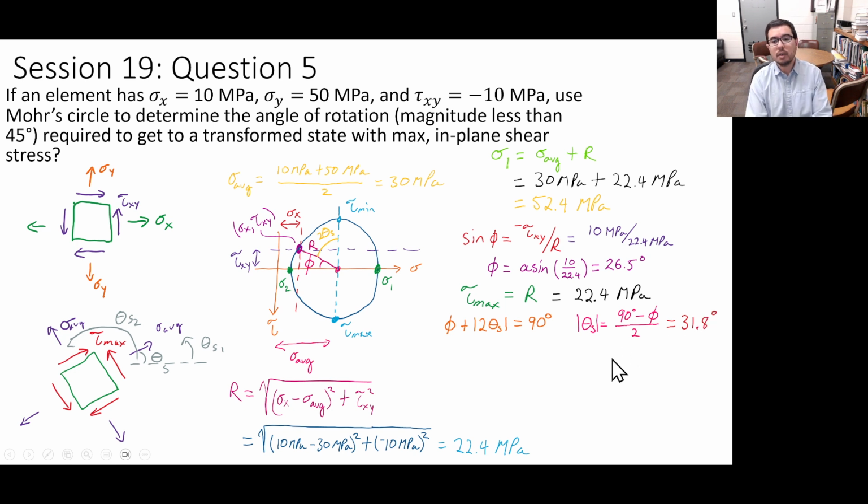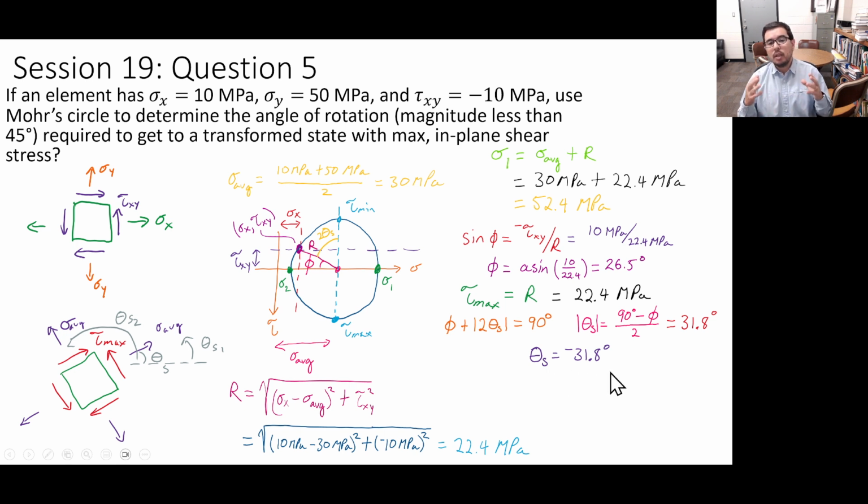In case I wasn't clear, the s in theta s means shear, or state of in-plane shear stress, versus when we had the theta p's previously, those were standing for the angle associated with maximum in-plane principal stresses. So we said this previously, the counterclockwise rotation is positive, the clockwise rotation is going to be negative, and that means that theta s will be equal to minus 31.8.